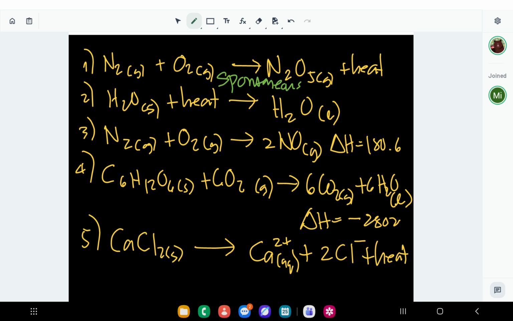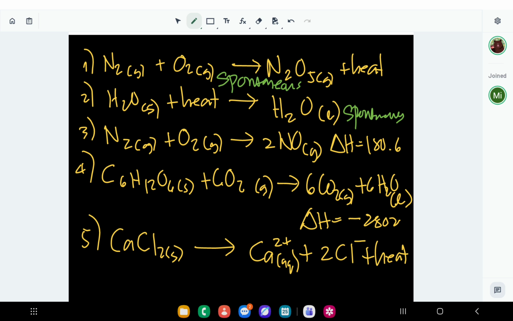Then delta S is okay. All right, so this is spontaneous. The next one, solid to liquid, this one is also spontaneous, right? And then for this one, delta H is positive. Everything is gas.